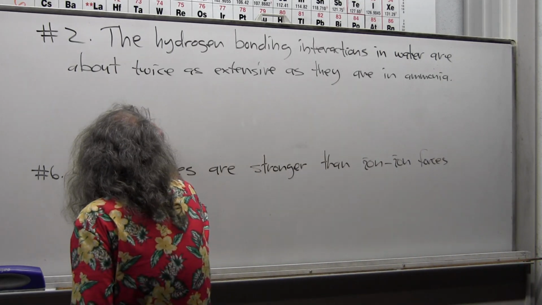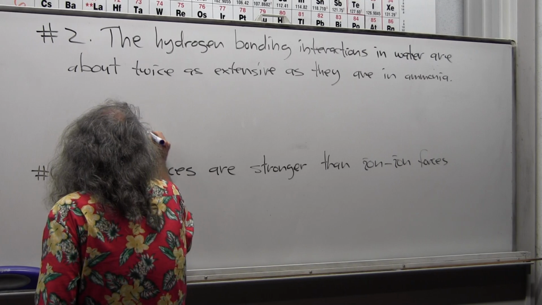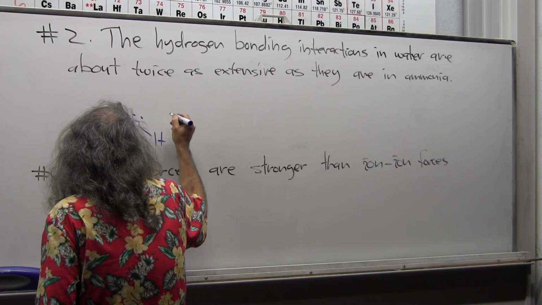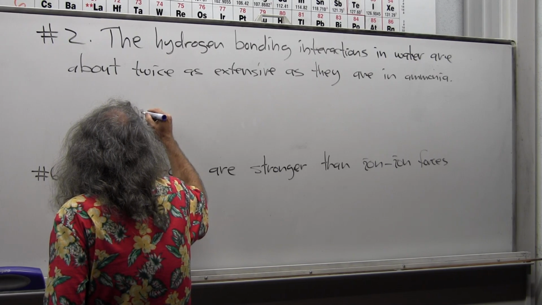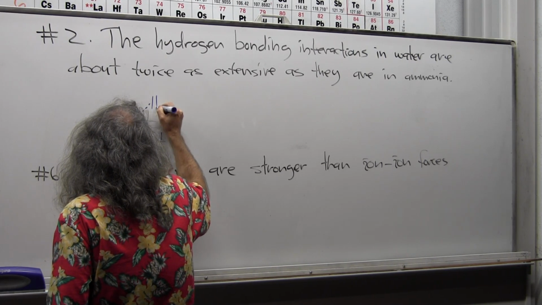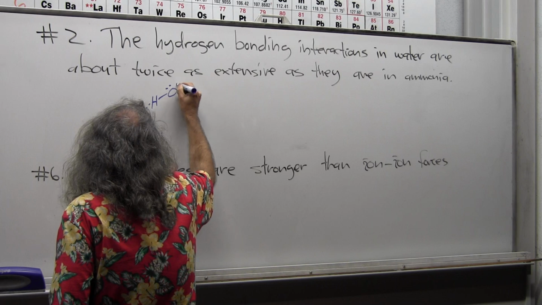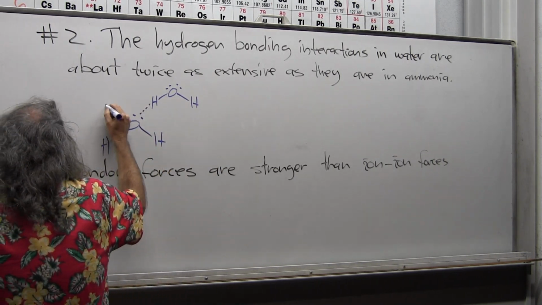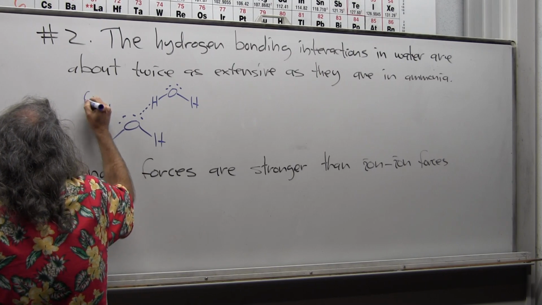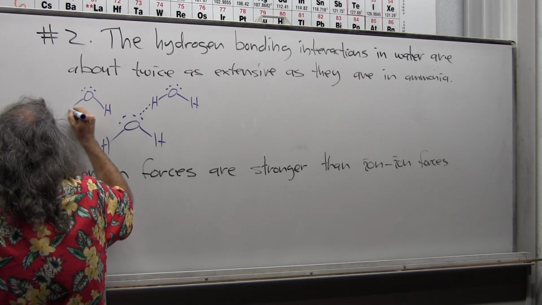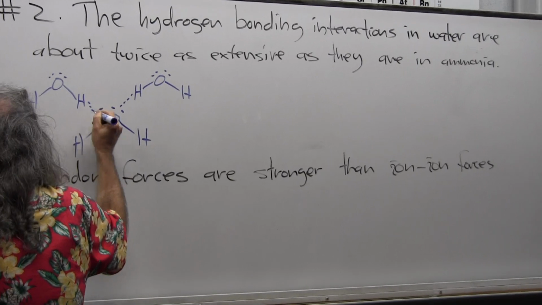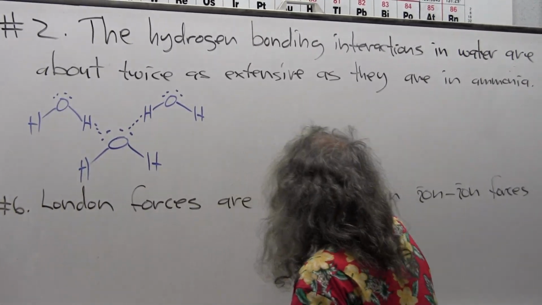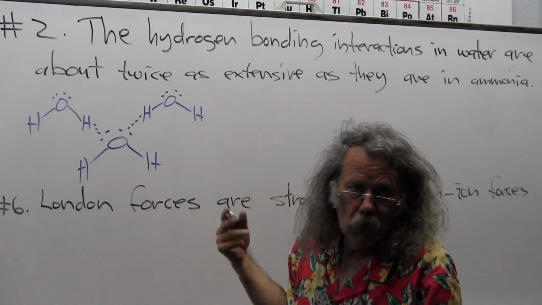We just have to draw the molecules, and it's pretty much self-explanatory, because a water molecule has 2 lone pairs on the oxygen atom that's bonded covalently to hydrogen. There can be 2 hydrogen bonding interactions with water molecules, whereas with ammonia, there's only 1 lone pair.